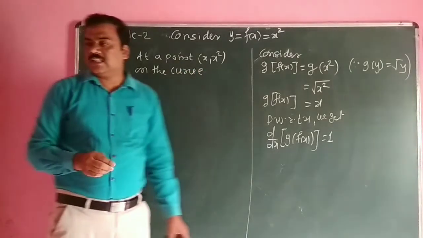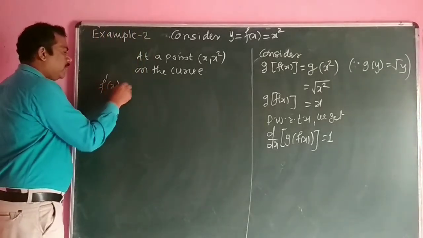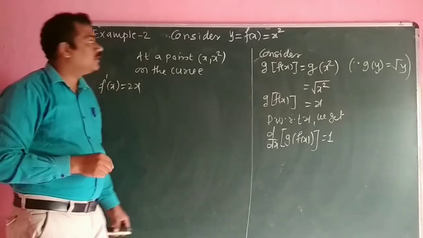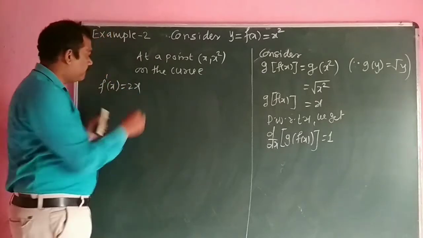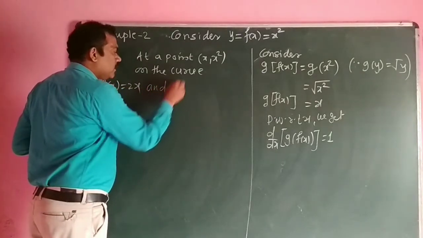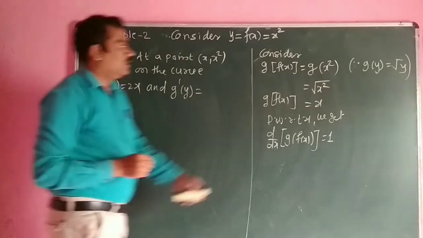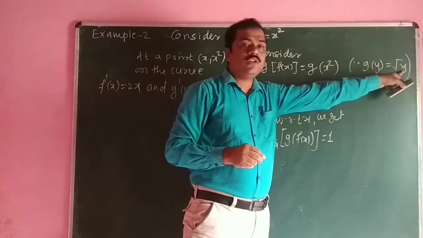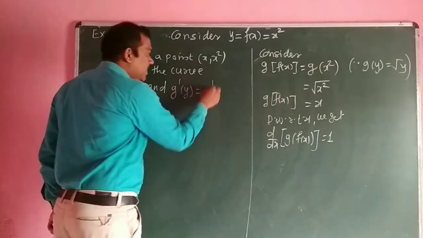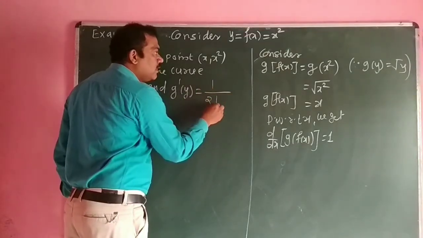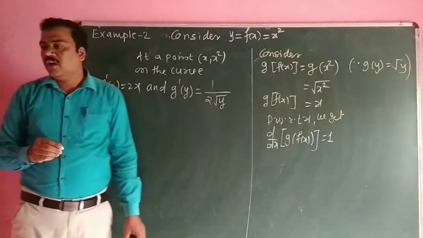We have already discussed that f dash of x is equal to 2x, and g dash of y is equal to, what is the g dash of y? Here g of y is equal to root y, so g dash of y is nothing but the derivative of root y with respect to y, which is 1 upon 2 times under square root of y. That is the value of g dash of y.